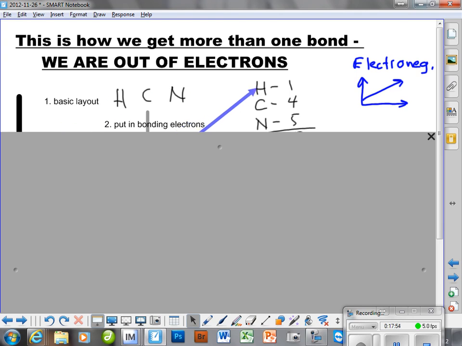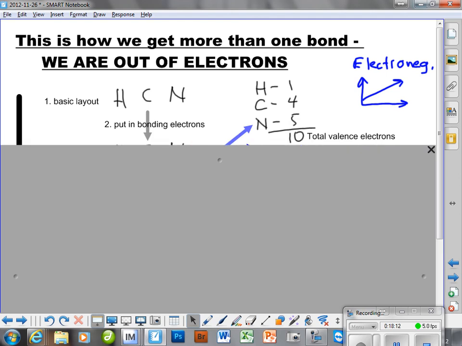So hydrogen brings in 1 valence electron because he's in column 1. Carbon brings in 4 valence electrons because he's in column 4. And nitrogen brings in 5 valence electrons because he's in column 5. So we add them up and we get our total of 10 valence electrons.